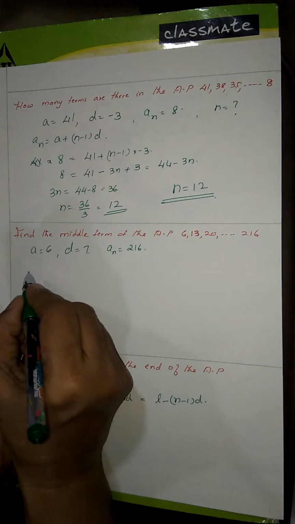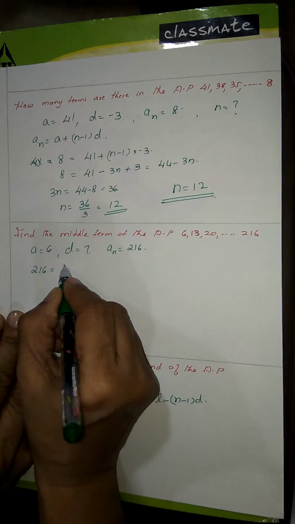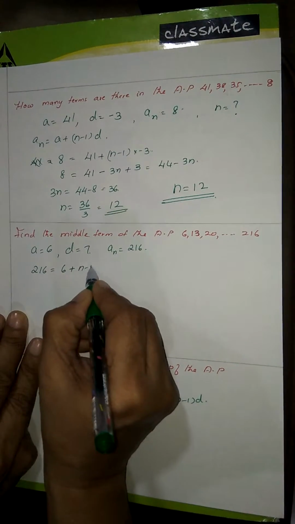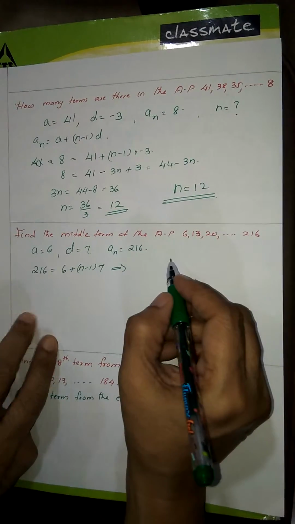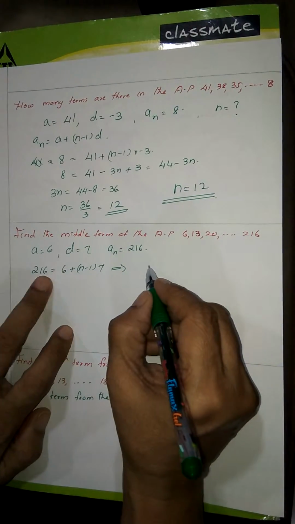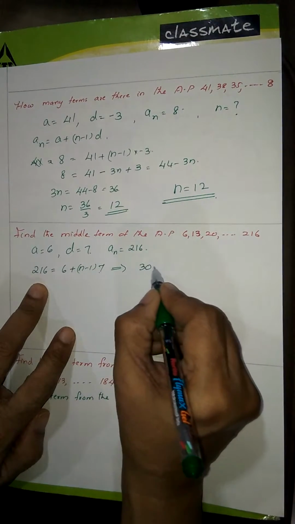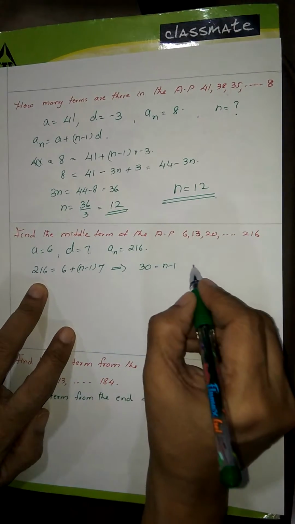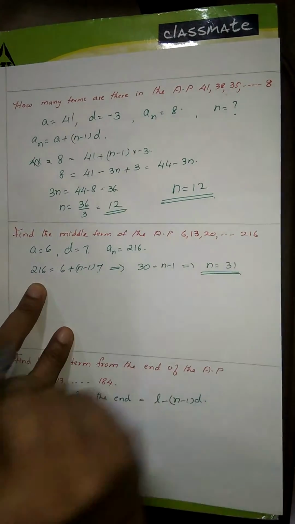I will simply substitute here. So 216, an is equal to a plus n minus 1 into d, 7. So that becomes 216 minus 6, 210. 210 by 7, 30, is equal to n minus 1, from which n is equal to 31.